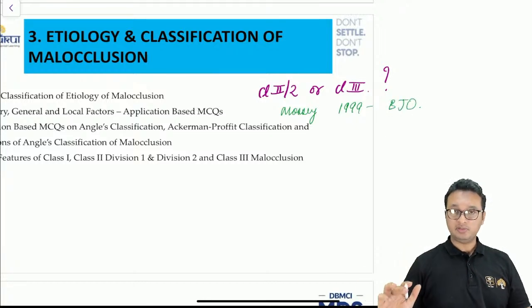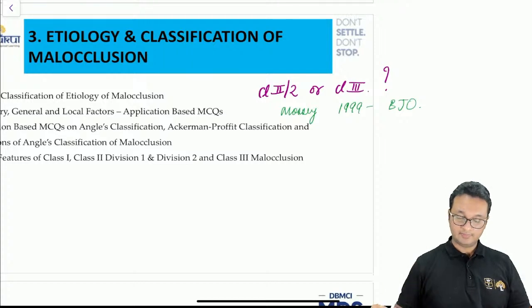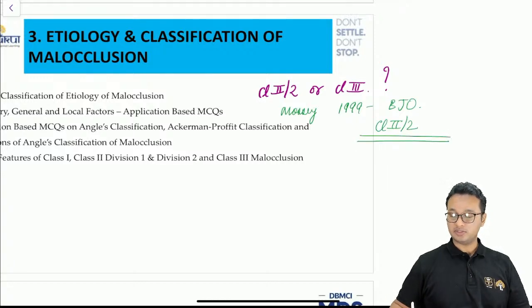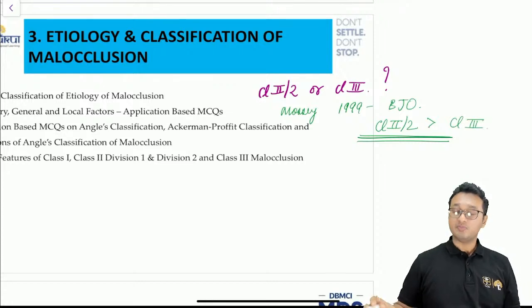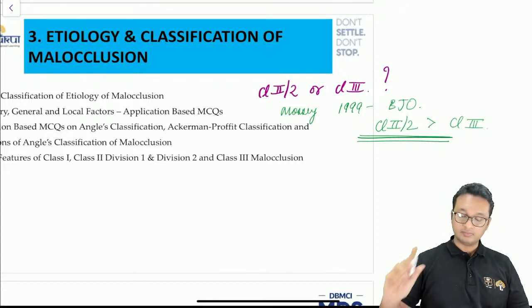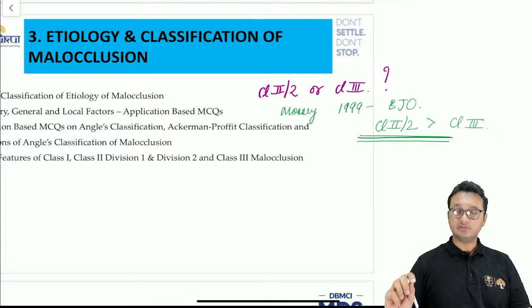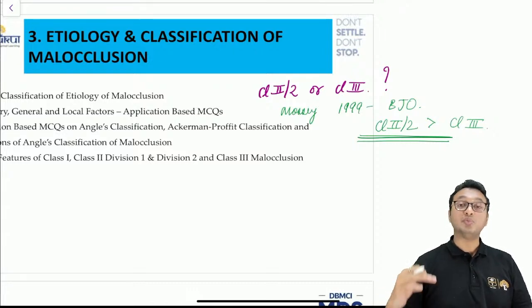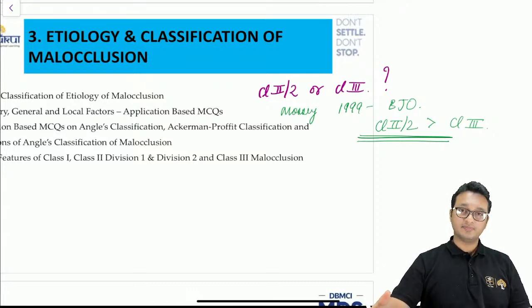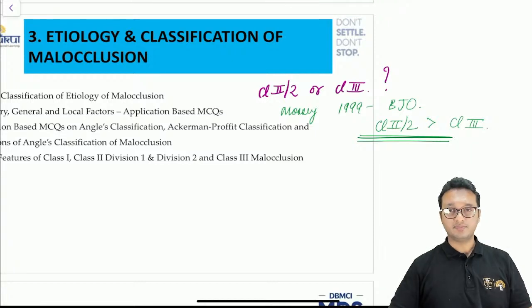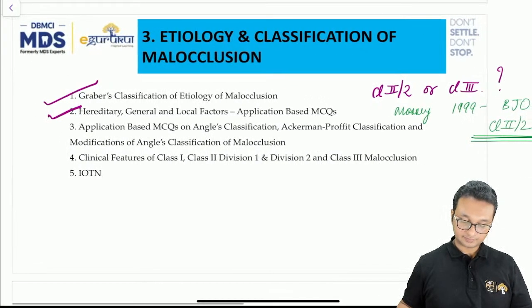According to this article, class 2 division 2 malocclusion has a more genetic predisposition than class 3. Both are genetically determined, but out of the two, class 2 division 2 malocclusion has a higher genetic prevalence as compared to class 3. Please remember this, okay?